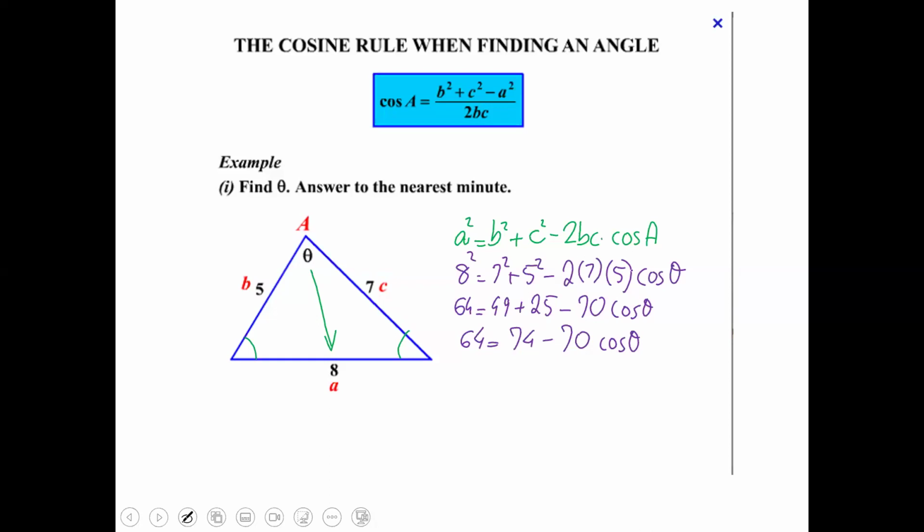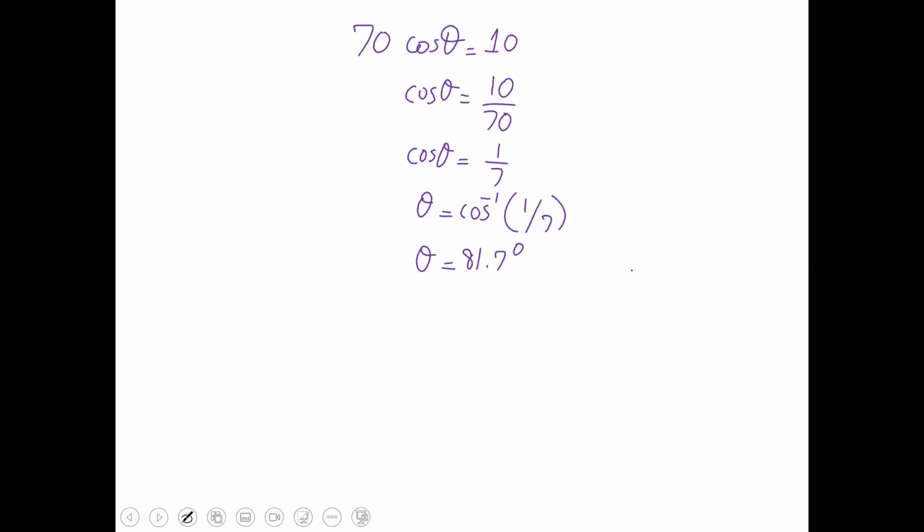So I got 81.78. It comes to be 82 overall.